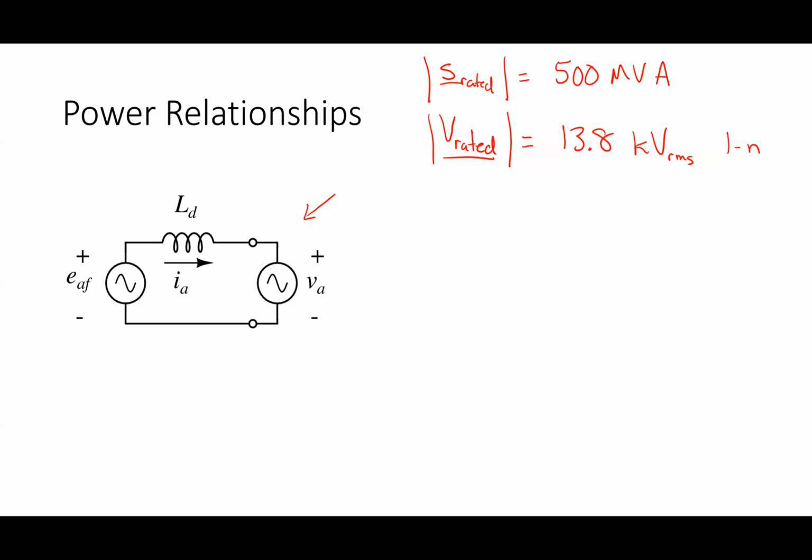Now, let's say what's going on in this particular case. Let's say that this generator is a 4-pole generator, and it's a 60 hertz grid.